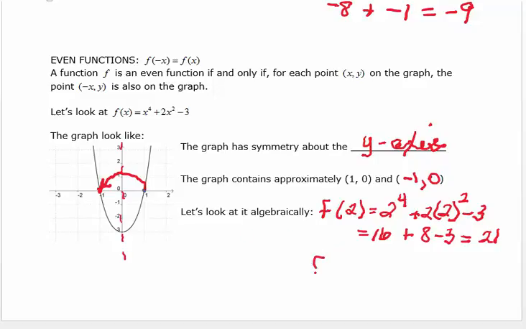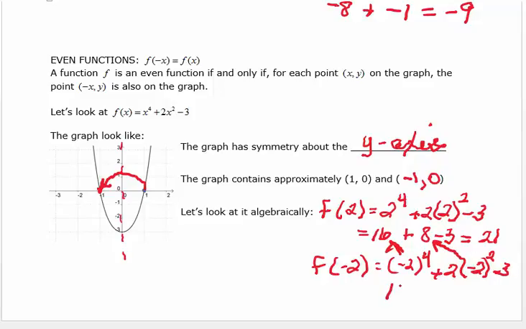And if we did f of negative 2, we have negative 2 to the 4th, but that is 16, plus 2 times negative 2 squared, but negative 2 squared is 4 times 2, so that gives us 8, minus 3. So again, 16 plus 8 minus 3 is going to give us the same 21.